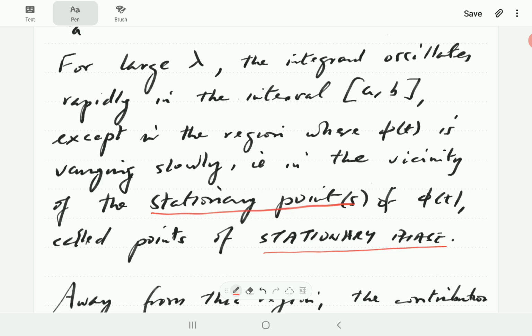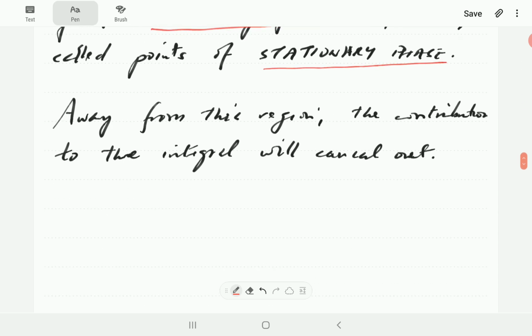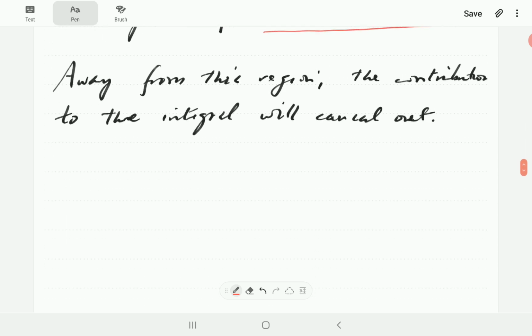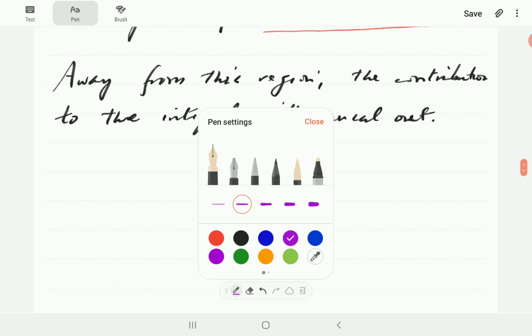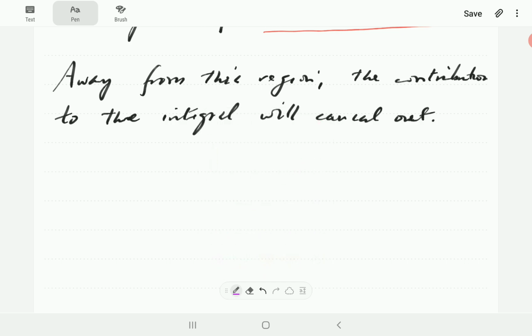Okay, now before we continue with the method, there is a very important integral that we have to derive, that we are going to use in working out the method of stationary phase. So we are going to derive the result.